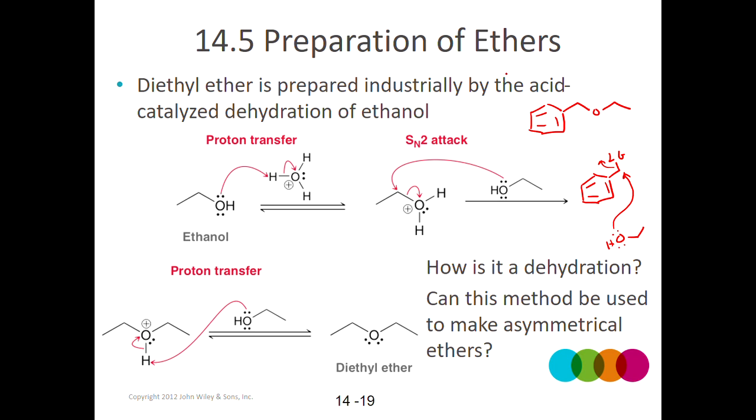So there's really a couple different ways to make ethers, and that depends on what leaving group you have and whether or not you deprotonate this alcohol before it attacks. And so we're going to see two examples. So the first one is going to be under acidic conditions. In this case, it's an acid catalyst because the acid is regenerated at the end.